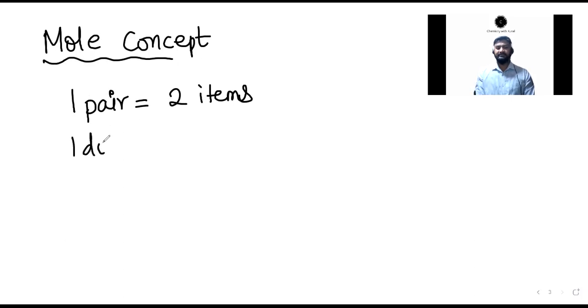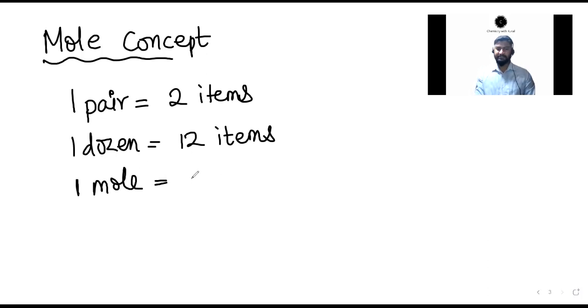Similarly, what is 1 dozen? 12 items. Any article, anything: 12 books, 12 eggs, 1 dozen of eggs, 1 dozen of whatever. And then we have 1 mole. What is 1 mole? 1 mole is nothing but 6.022 into 10 to the power 23 items. Simple.